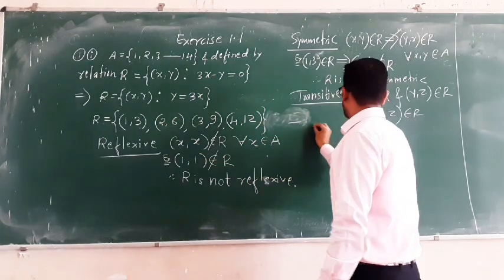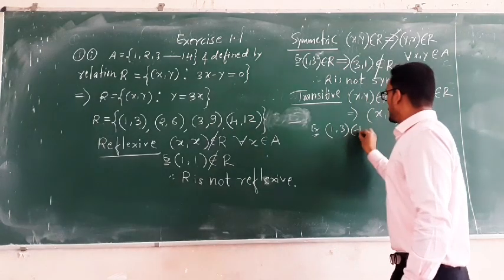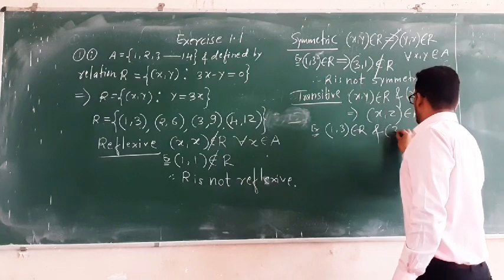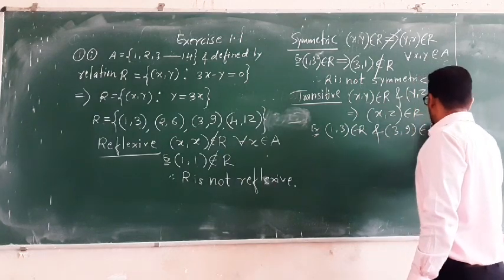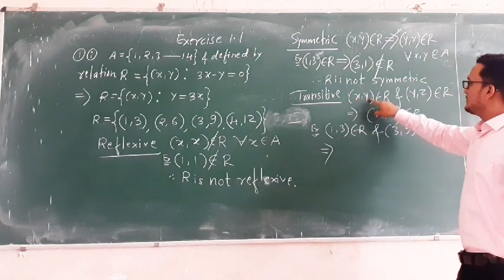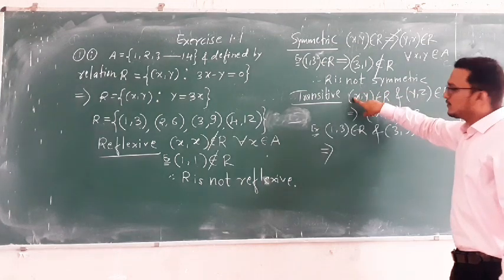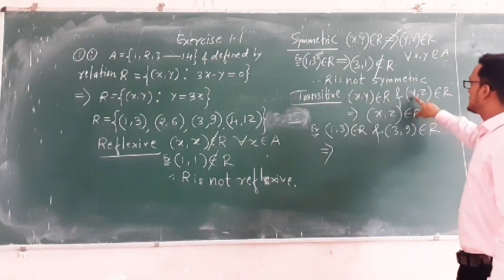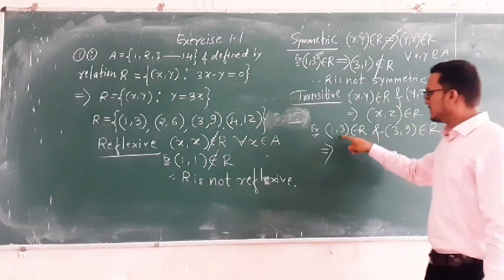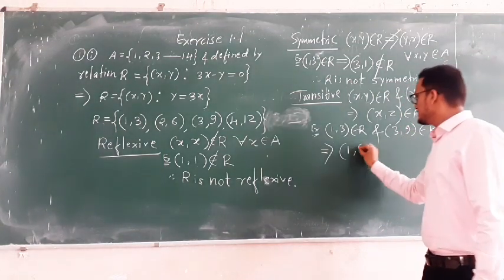So therefore, I'll take the example. The first one is (1, 3) belongs to R and (3, 9) belongs to R. So what does it imply? When (x, y) belongs to R and (y, z) belongs to R, it implies that from the first ordered pair the first element, and from the second ordered pair the second element, should be present in R. From the first ordered pair, the first element is 1, and from the second ordered pair, the second element is 9.